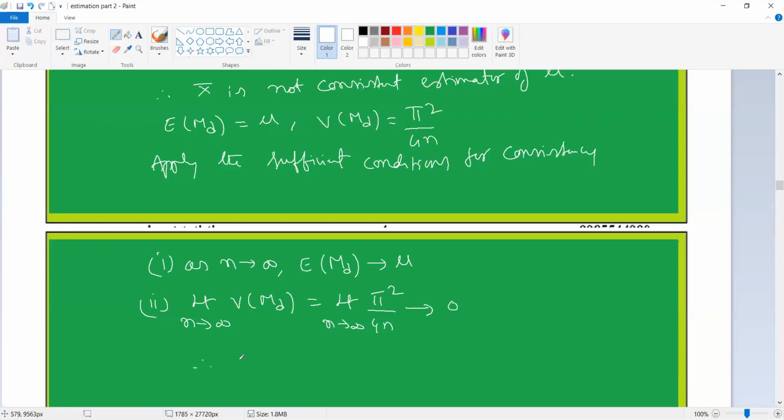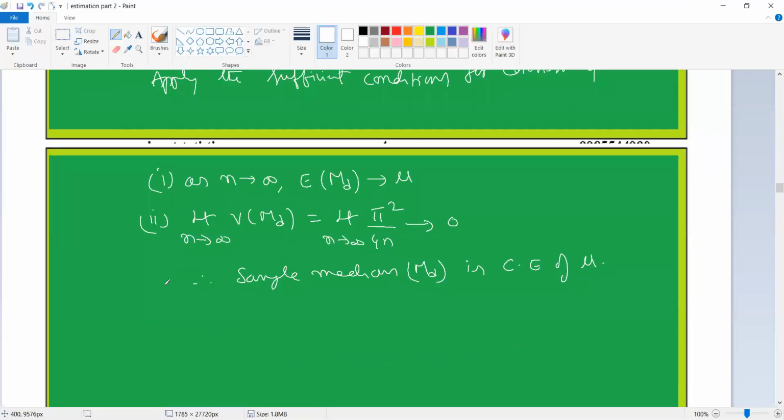Therefore, the sample median MD is a consistent estimator of mu for a Cauchy population.